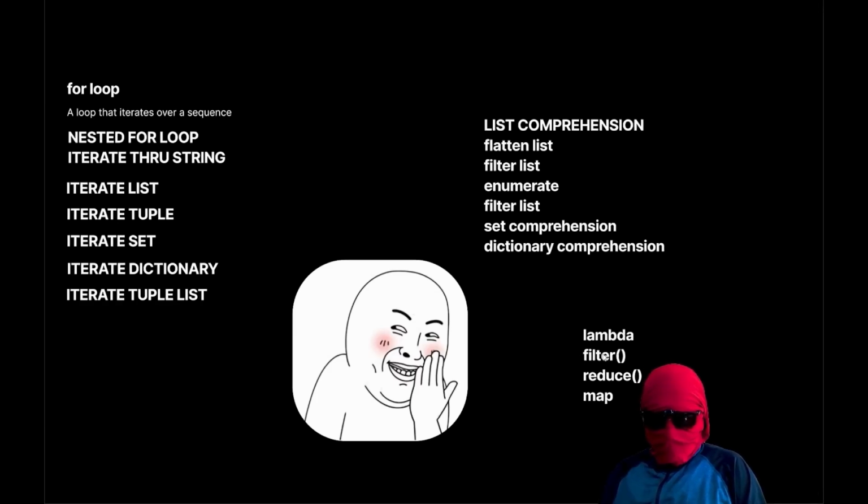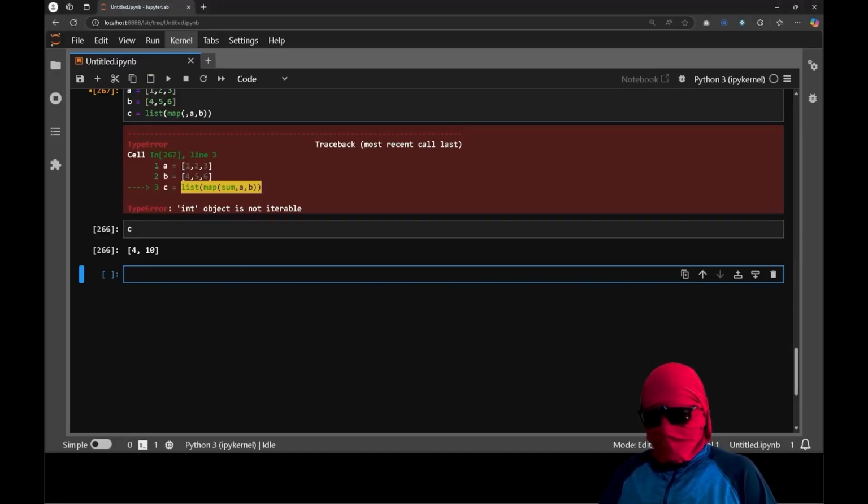Before we go to filter and reduce, let's take some interesting cases in map and lambda. Let's start with a simple example of how you can strip this thing right here. It's going to be HELLO.